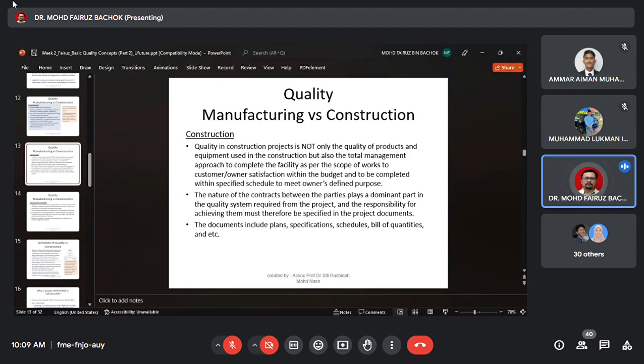All these play a role to achieve these three limitations, which are customer certification, budget, and also schedule. If something goes wrong with the quality of the product, either one, it accumulates into your total management approach, then it will affect these three limitations. So there will be a need for more money out of the budget, and also it will complete outside the schedule.